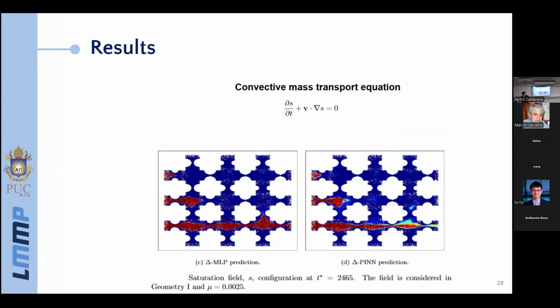And well, it's known in the literature that PINNs are not good at predicting those kinds of equations, basically because they have sharp gradients.